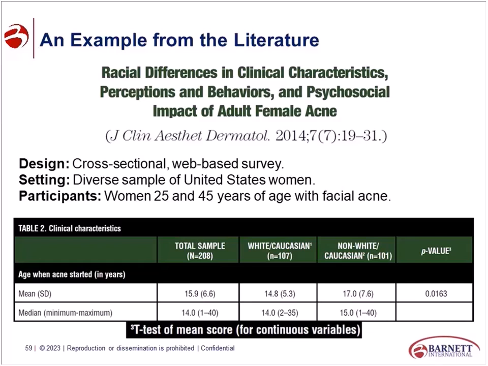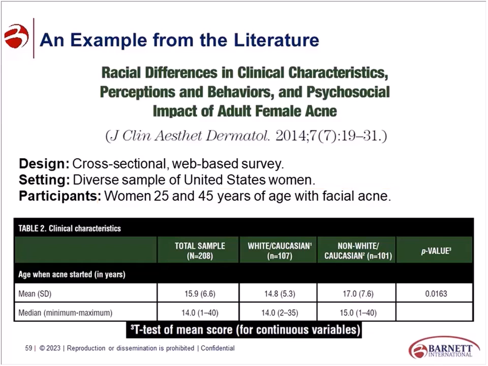So here we have a cross-sectional study published in the journal Clinical Anesthesia and Dermatology back in 2014, looking at a diverse sample of women in the United States between the ages of 25 and 45 with facial acne, and looking at the onset.